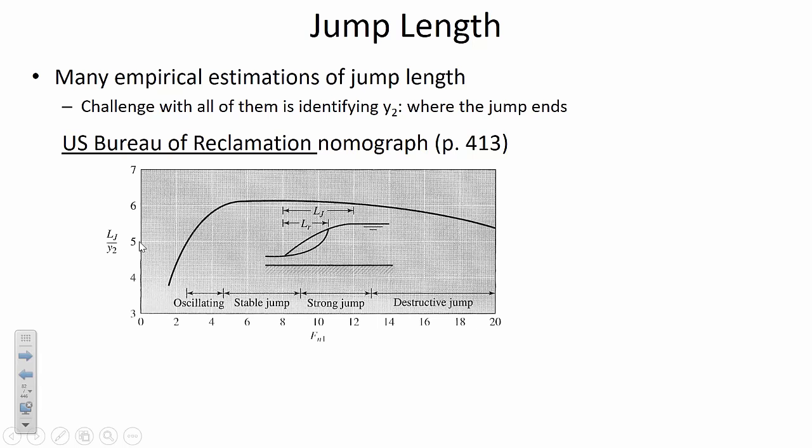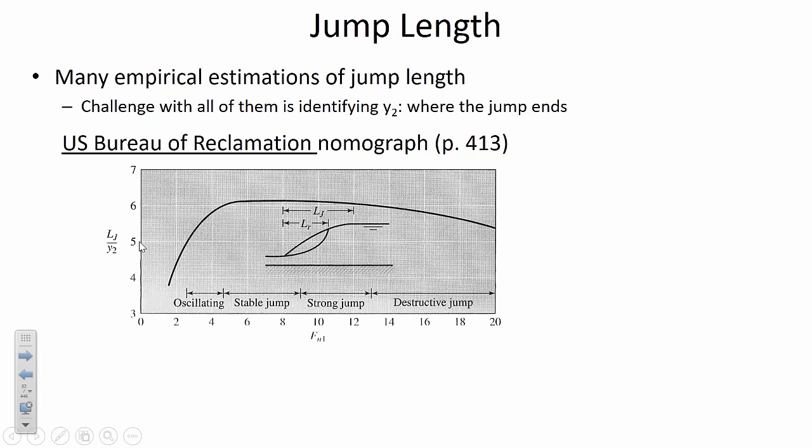And so if you wanted to know the jump length, L sub j would be 5 times the depth downstream. So if you have 1 meter as the depth after the hydraulic jump, then that is telling you that the length of the jump from the beginning of the rollers to where the flow becomes basically uniform again would be 5 meters in length. So 5 times the depth.